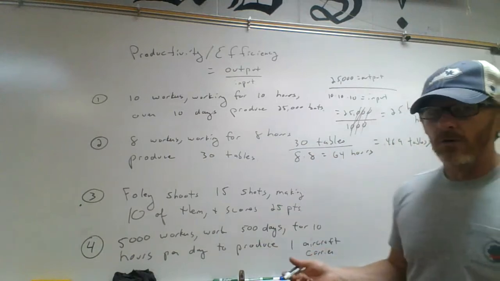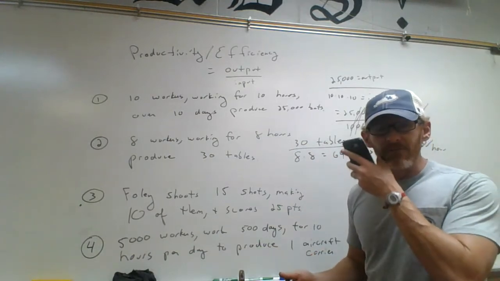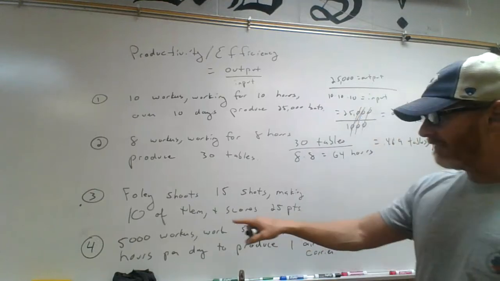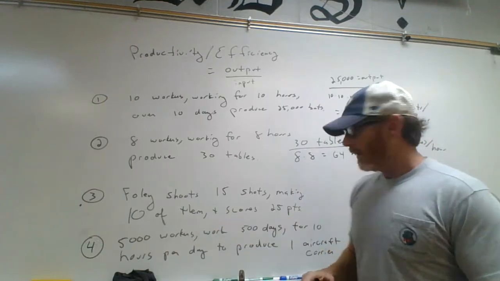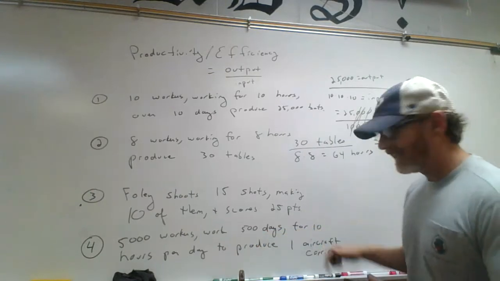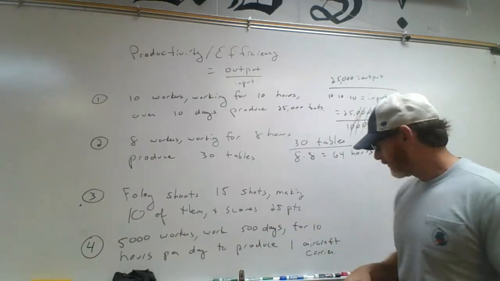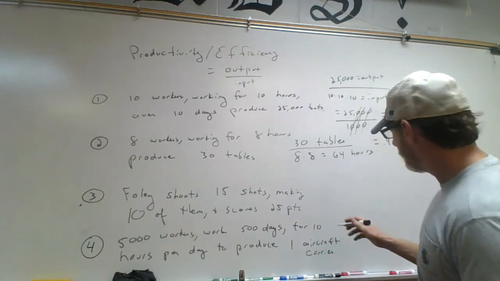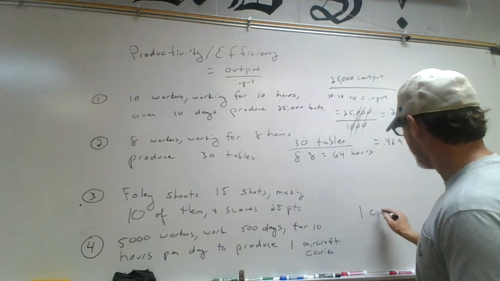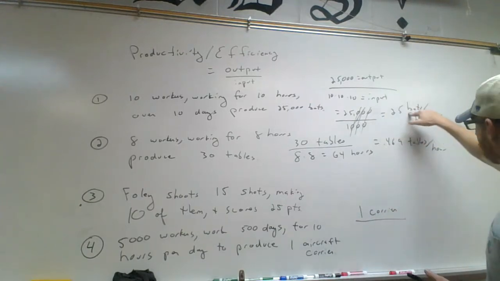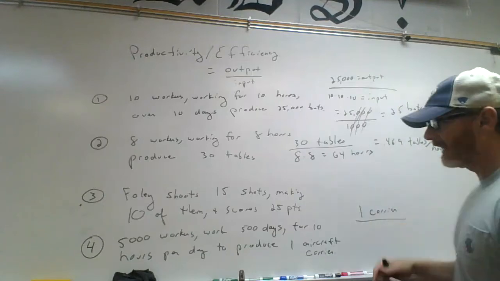It's also a labor efficiency question, but it's way different. Okay, in this case, 5,000 workers are working 500 days, and they're working for 10 hours a day to make 1 aircraft carrier. Okay, so the output for this one is just 1 carrier. And again, it's always important to make sure you're labeling, bats per hour, tables per hour, whatever. This is 1 carrier.